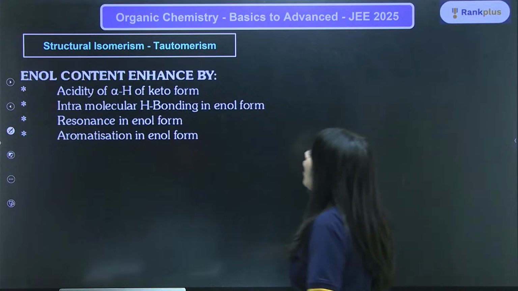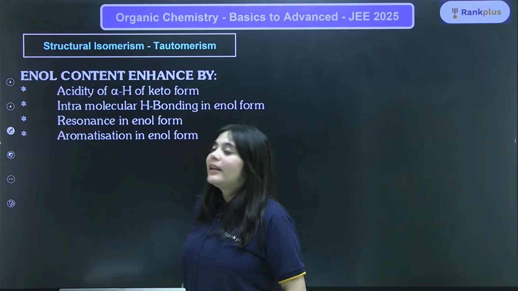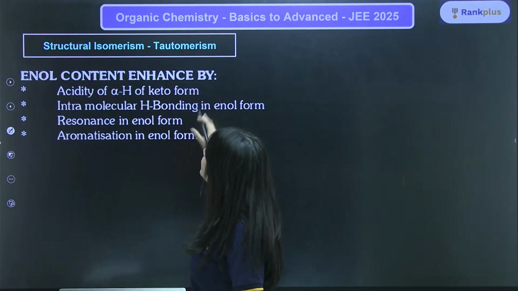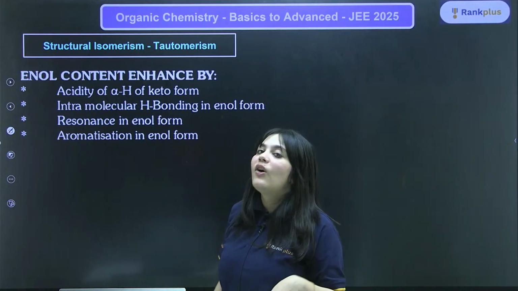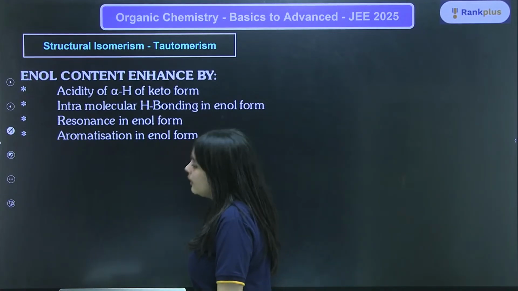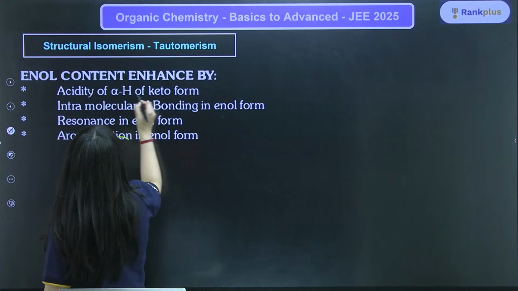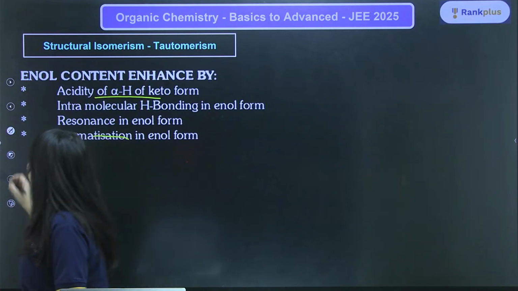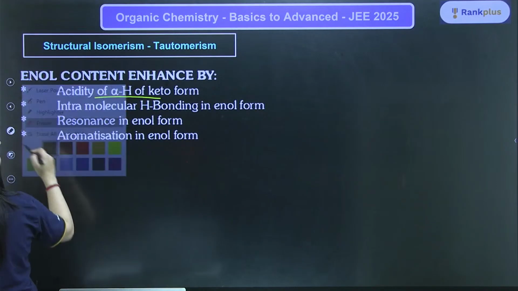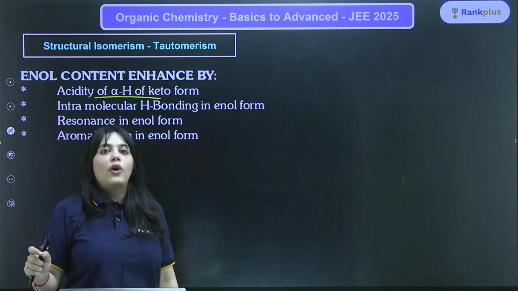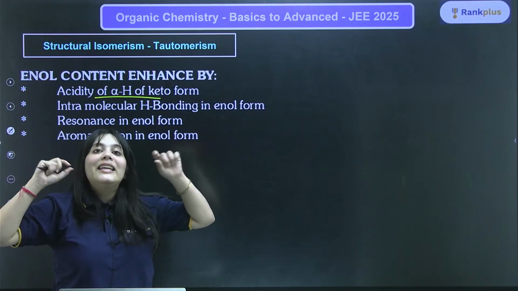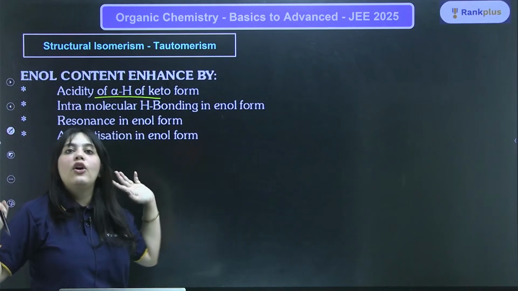Now, enol content is enhanced by what all factors? What factors increase the enol content? Okay, look over here. Number first is the acidity of the alpha hydrogen of the keto form, very important. The more acidic the hydrogen is, the more enol content will be formed.